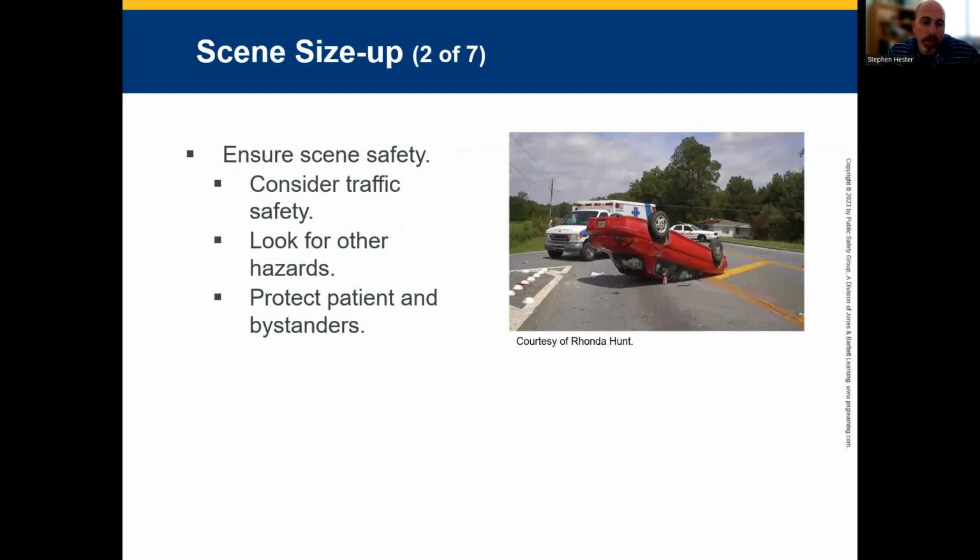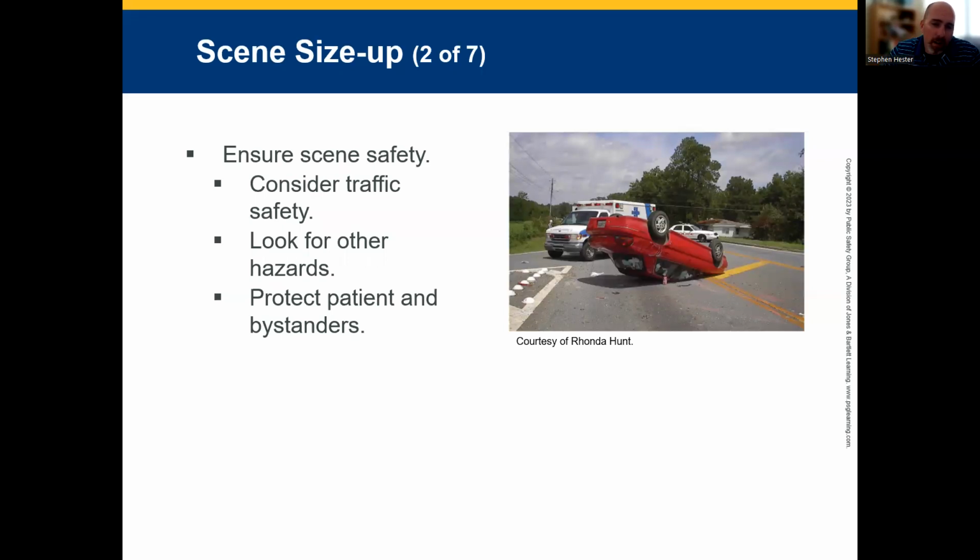Okay, so consider traffic safety. Do we need to block traffic with our ambulance until some other apparatus can get there? So that we can help the flow of traffic also, so that we can keep our scene safe and also our patients safe. Looking for other hazards. Grease on the roadway, oil on the roadway can cause it to be slick.